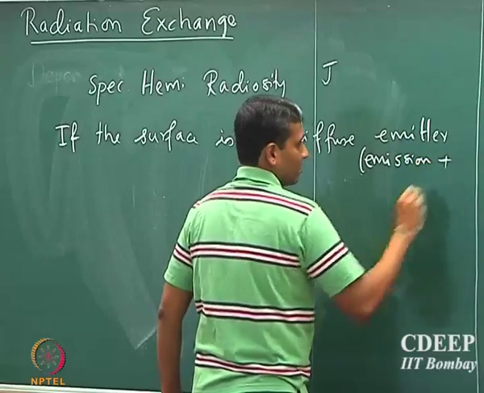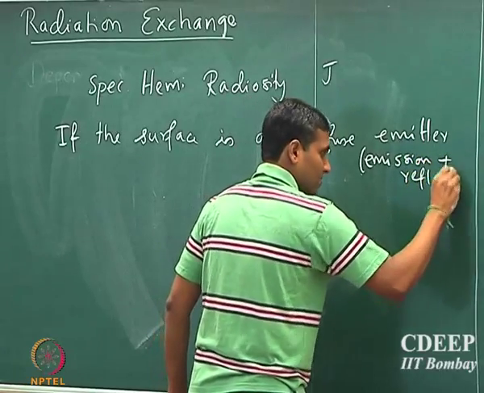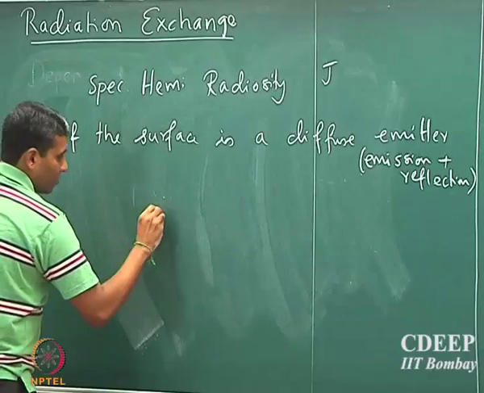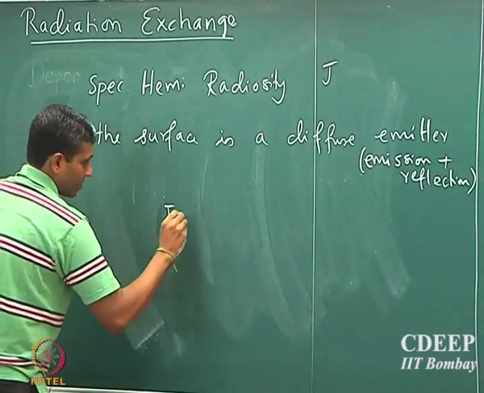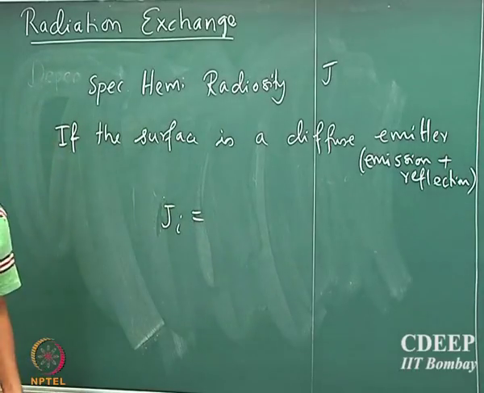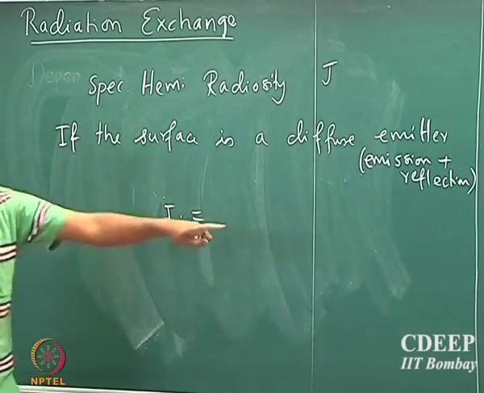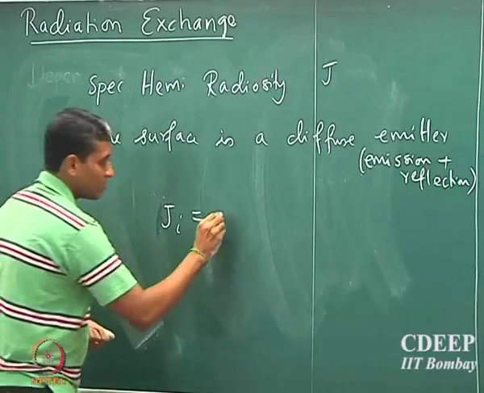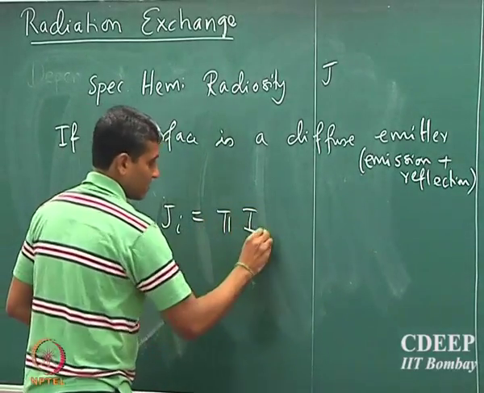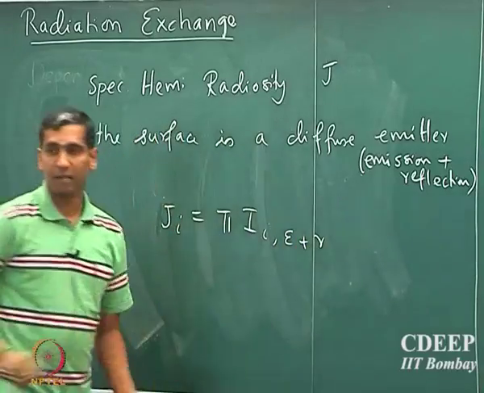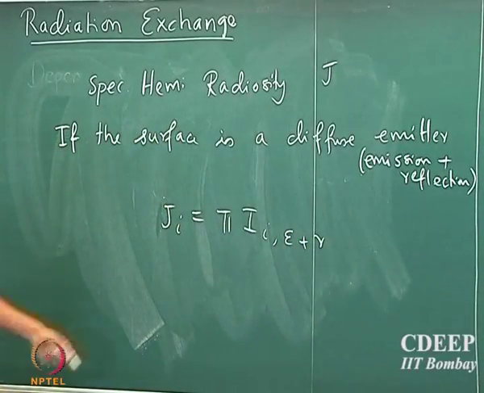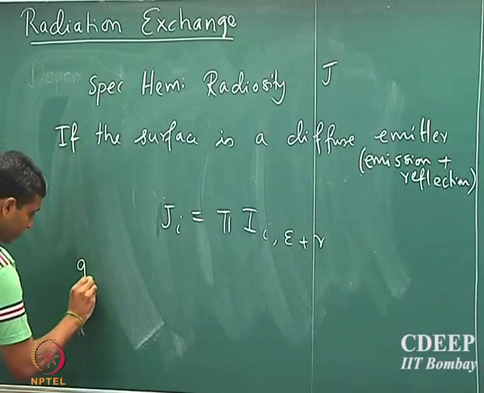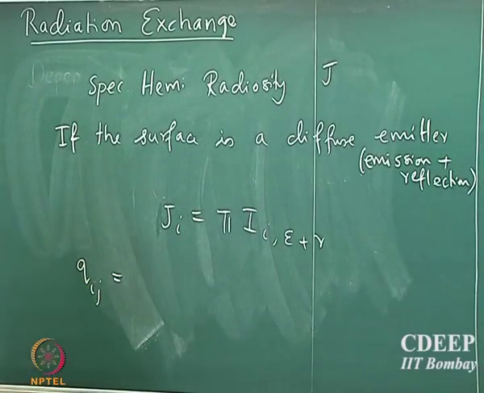How are J and I related if it is diffuse? It's pi into I, emission plus reflection. From here we can substitute the expression, and so you will get Qij.